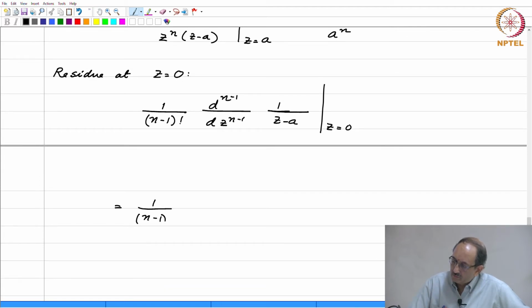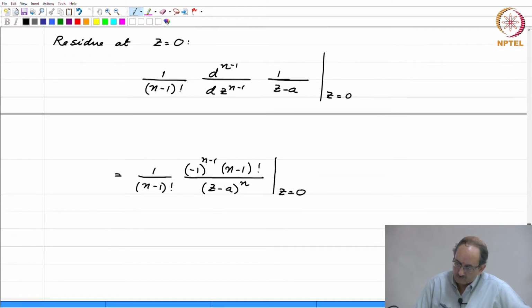So, this is 1 by n minus 1 factorial, and now you need to find the n minus 1th derivative of 1 by z minus a. So, this is nothing but minus 1 to the n minus 1 times n minus 1 factorial divided by z minus a power n, evaluated at z equal to 0. This is from calculus, if you recall, the n minus 1th order derivative of 1 over z minus a, all right.